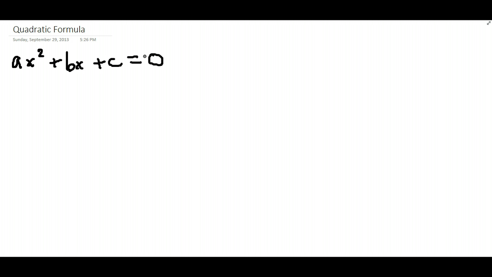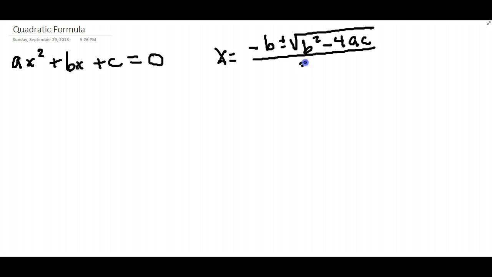So what is the quadratic formula? We write it as x equals negative b plus or minus the square root of b squared minus 4ac, all over 2a.